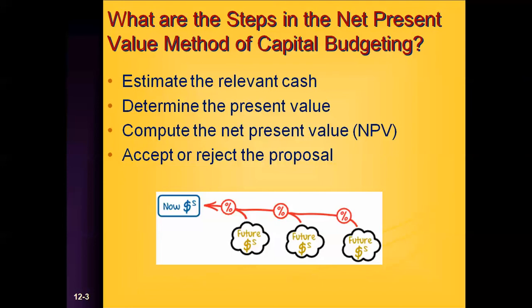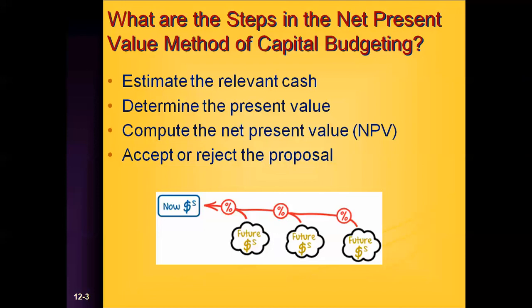Then once you do that, you would determine the present value of those cash flows using the company's weighted average cost of capital. And again, that's a big word, but essentially that means what the company's cost of money is. You essentially want to have a return which exceeds your cost of money or your interest rates. Otherwise, it doesn't make sense to make the investment.